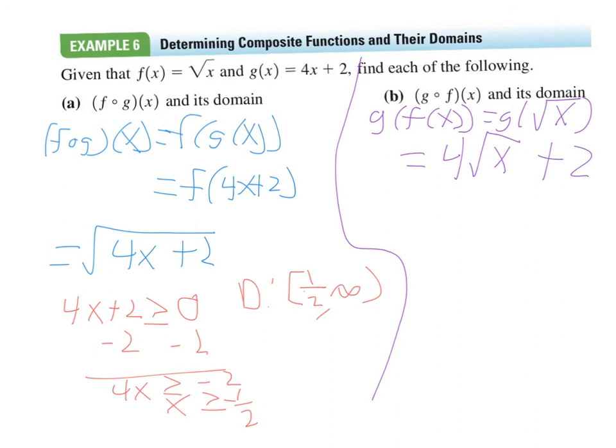So now to find the domain, we know with the radical, it has to be non-negative, so the stuff underneath has to be greater than or equal to 0. So the domain, since it has the square root of x in it, it'd just be from 0 to infinity. Again, it'd be a bracket around the 0 since x can be equal to 0.